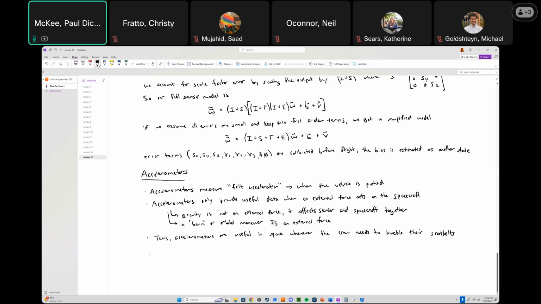Another key thing, accelerometers are not mounted at the center of mass of the spacecraft, because that would be impossible, or at least impractical.